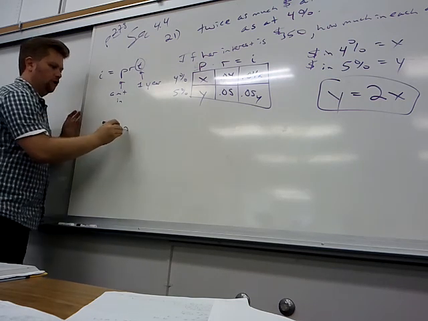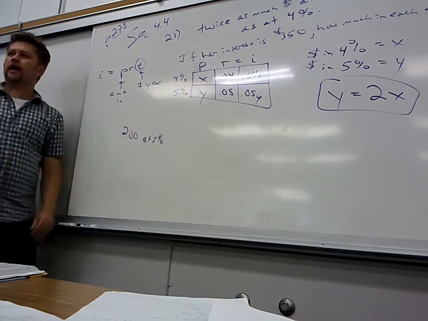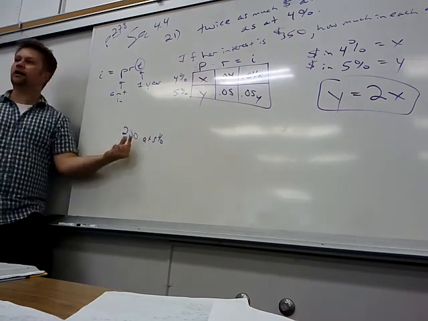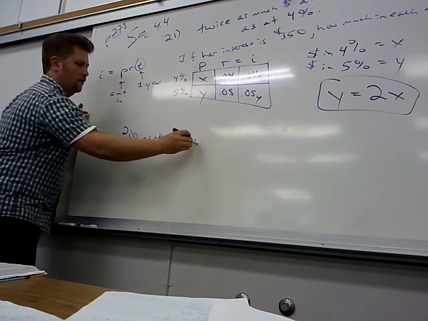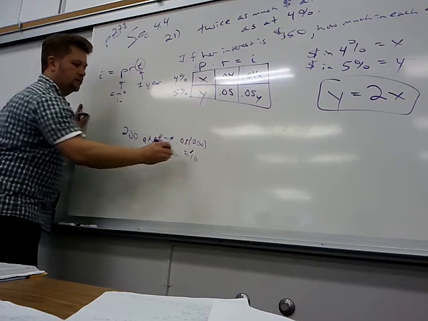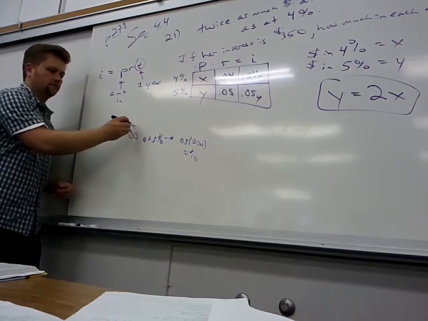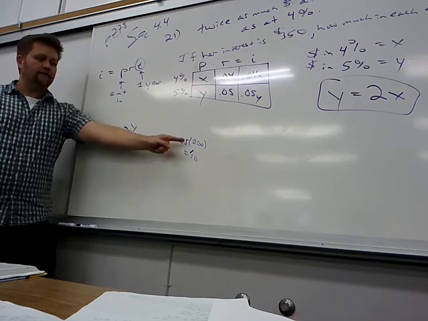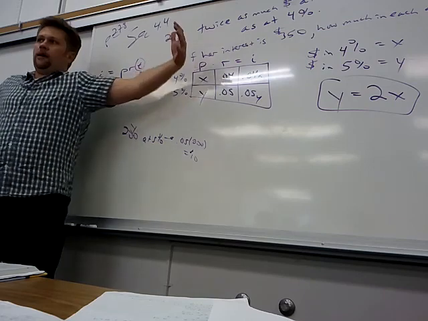So if I had $200 at 5%, how much would I have in interest in a year? 5% of $200. So in a year, I'd have 0.05 times 200. I'd have $10 interest. So this now is a variable, but I still have to multiply to figure out how much interest I have. So y is the total amount of money I put in.